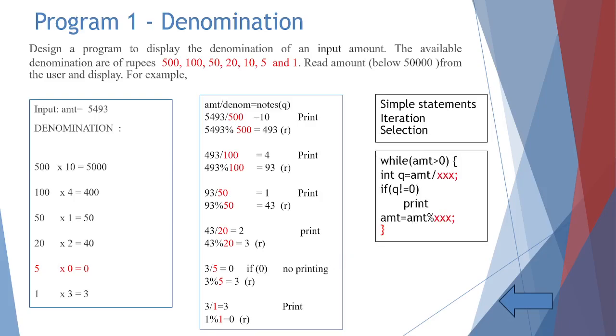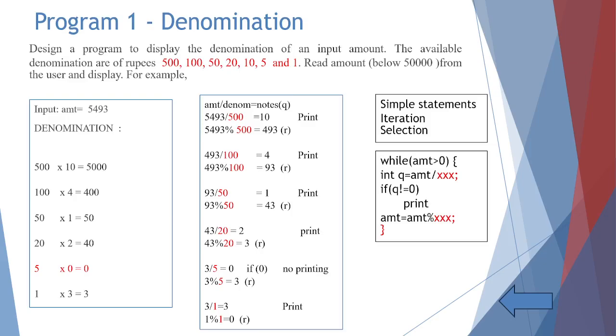While amount greater than 0, because if you see the last line in the second box, our amount is becoming 0, then only we stop. So while amount greater than 0, quotient is equal to amount divided by, we don't know, first time 500, next time 100, next time 50, next time 20.